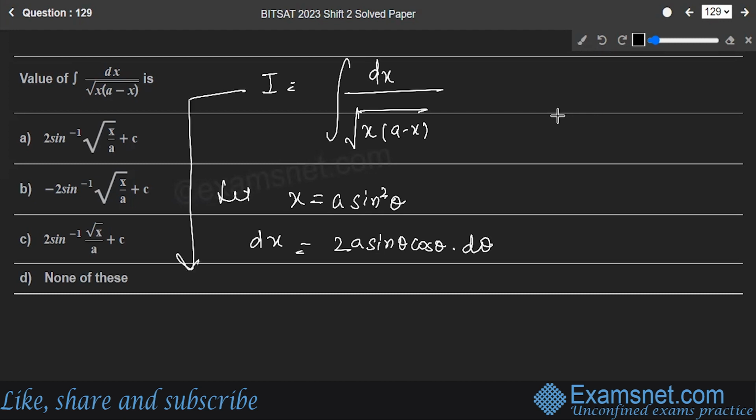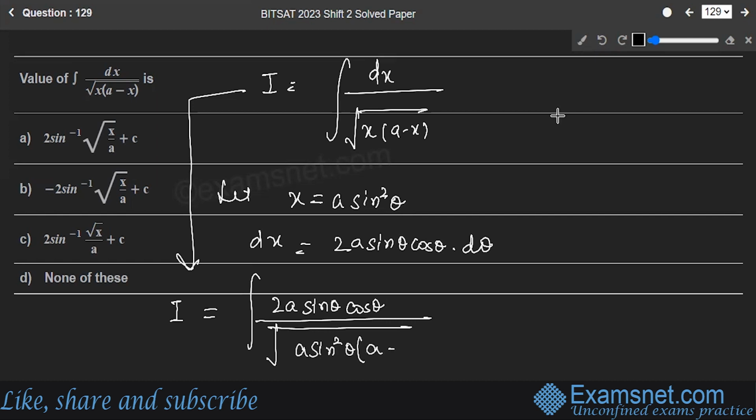Therefore now this integral will become 2a sin theta cos theta divided by root of x, which is a sin square theta, times a minus a sin square theta, d theta.